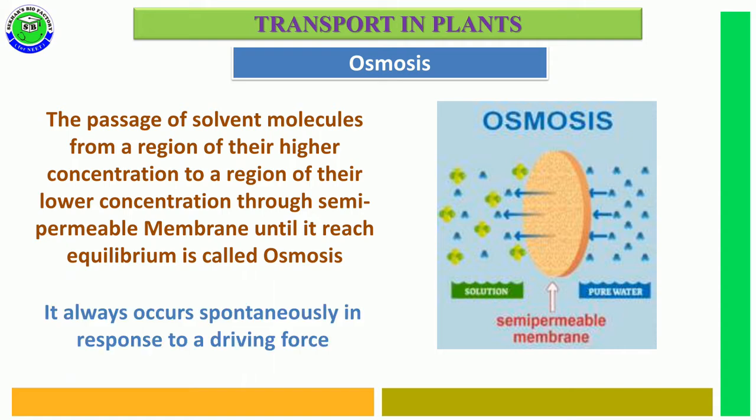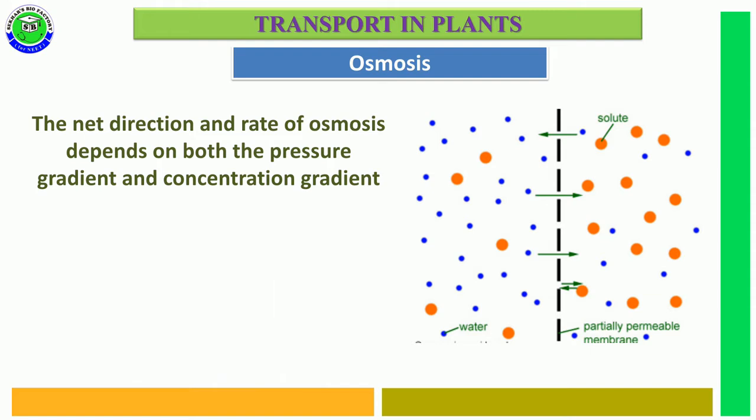Osmosis occurs spontaneously in response to a driving force. The net direction and rate of osmosis depend completely on two factors: the pressure gradient along with the concentration gradient.